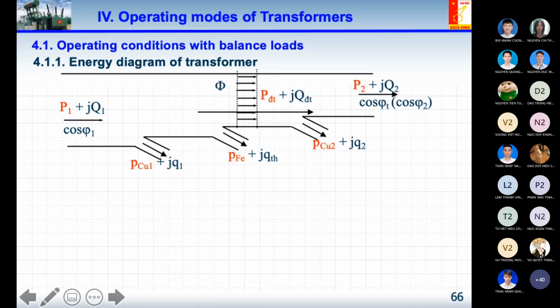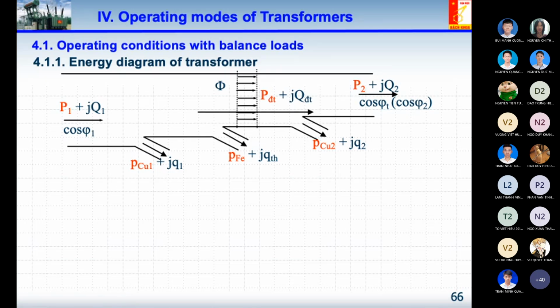If you understand very well what I'm saying, you can look at this diagram carefully. You can see we have three different losses. The first loss comes from the primary winding, PCU1, with the red color here. Then, due to the diffusion of magnetic flux phi in the iron core, we get PFE, the iron losses, coming from the eddy current loss.